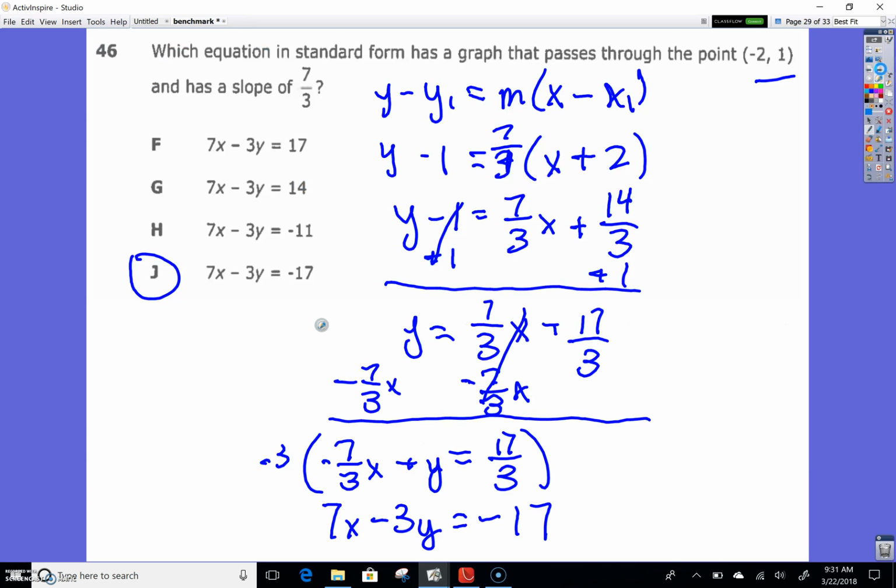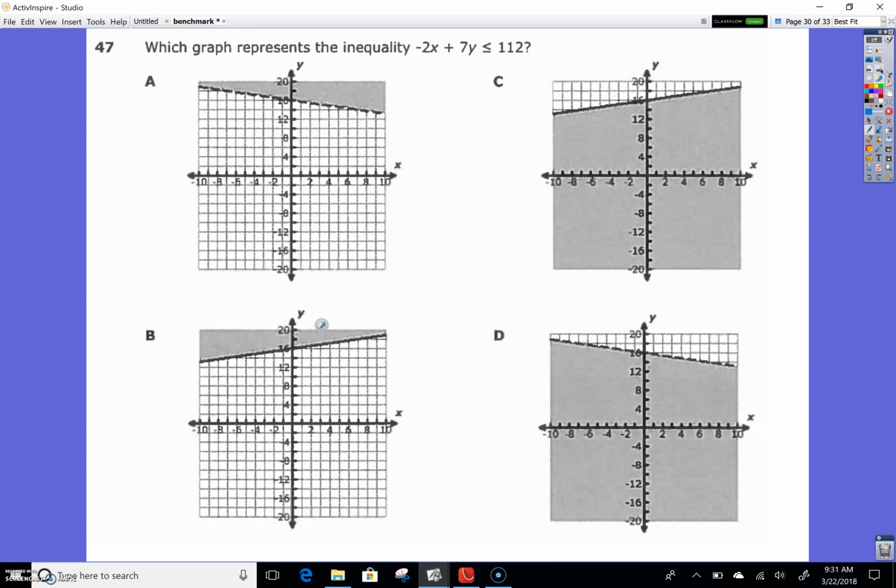Number 47. The first thing we do on problems like this, remember this has an inequality, so we need to solve for y.